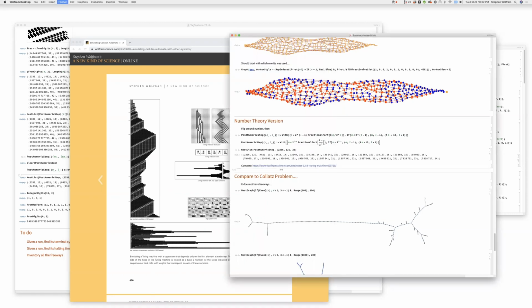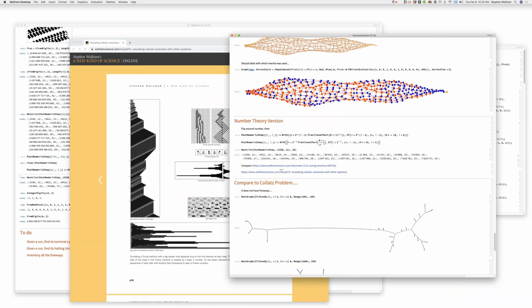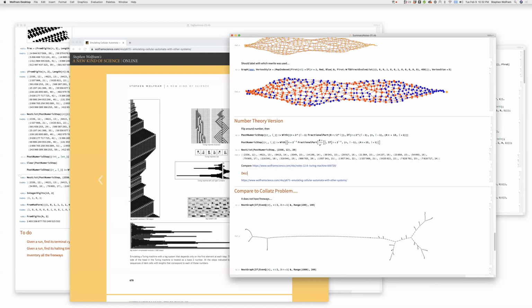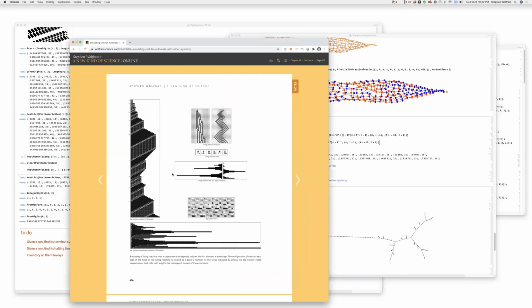Okay, so there exists a tag system that emulates any given Turing machine.